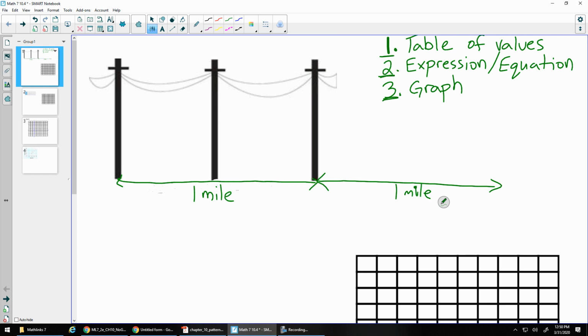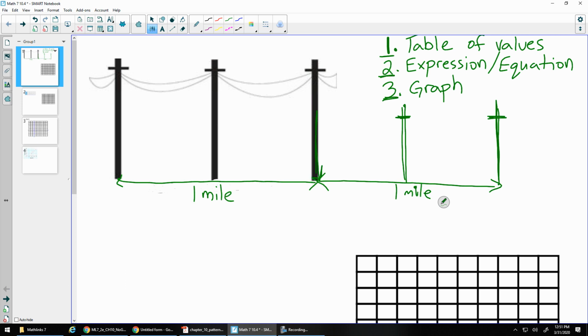Well, we're going to need 3, but we actually already have this one which is shared by both miles. So how many more telephone poles will we need to add to have 2 miles of telephone poles? Well, we would need to add another telephone pole here. Let's make it small. And then another telephone pole at the end.